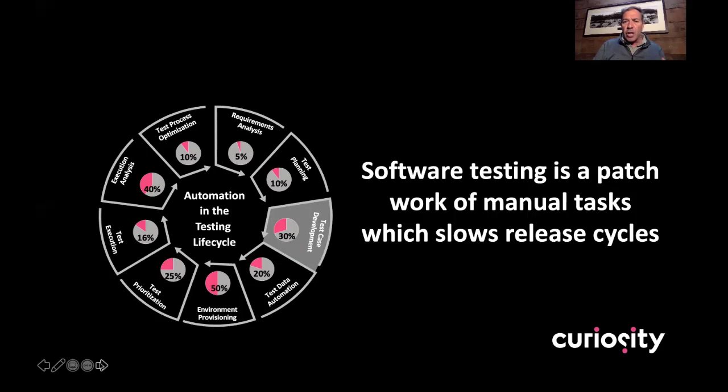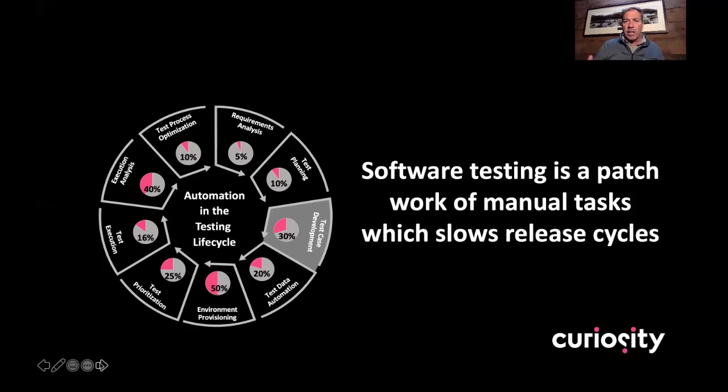So if we look at software testing today and the software automation and the software testing lifecycle, what you'll notice is even though we talk about automation a lot, software testing is really a patchwork of manual tasks that happen in the minutia, or the interstitial tasks that happen in order for testing to work, okay?